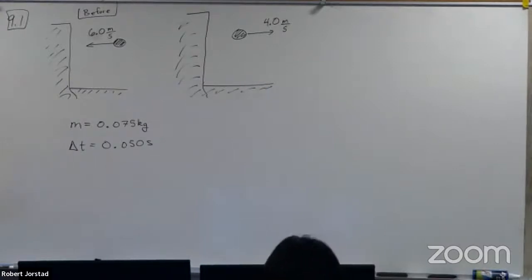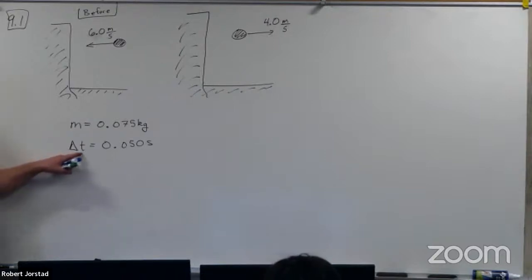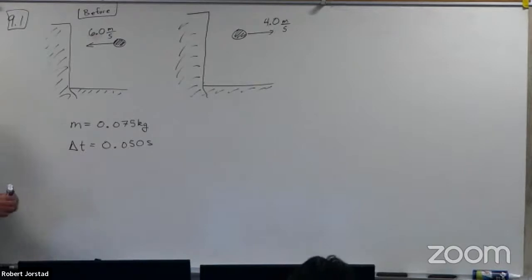Before we go on, I want to do just a quick check. Gravity is going to act on this for 0.05 seconds. I'm just curious what kind of change that would give. Let's say gravity was acting on it.